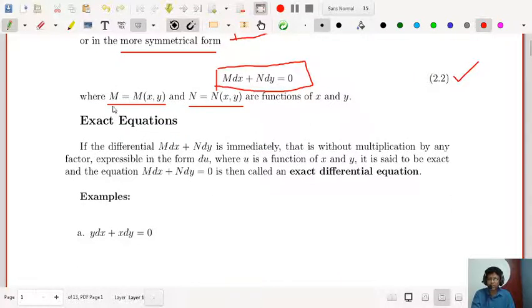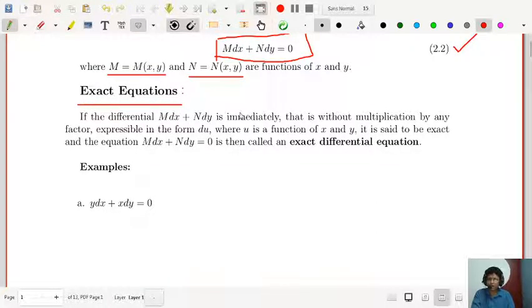In this connection, let me define what an exact equation is.